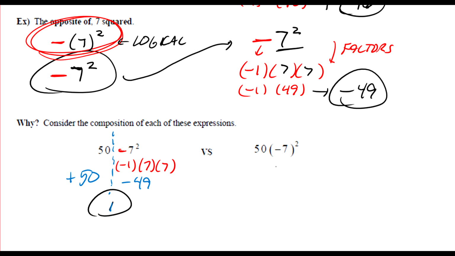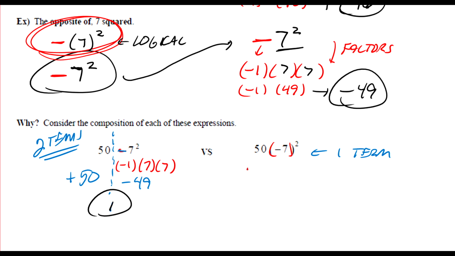But in this expression, you notice I have the same type of things, but they're a different composition. In this one, this is just one term. So before we had two terms. The negative sign was signifying a new term. And here I have one term because the negative sign is inside of parentheses.